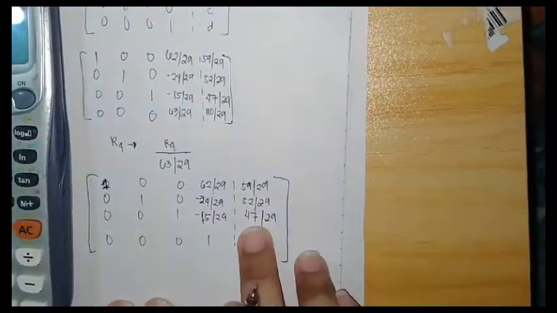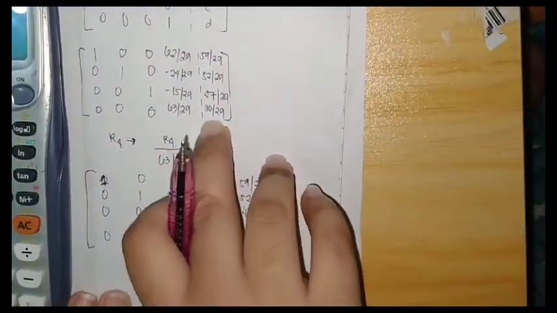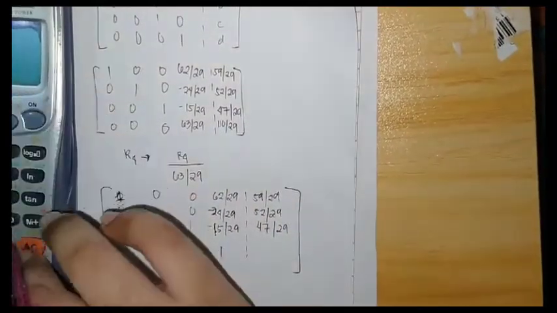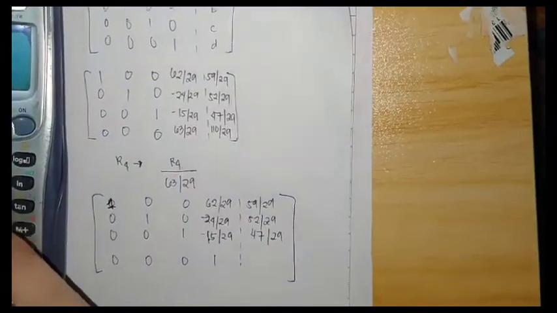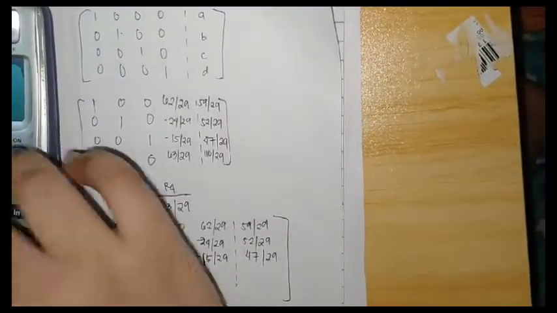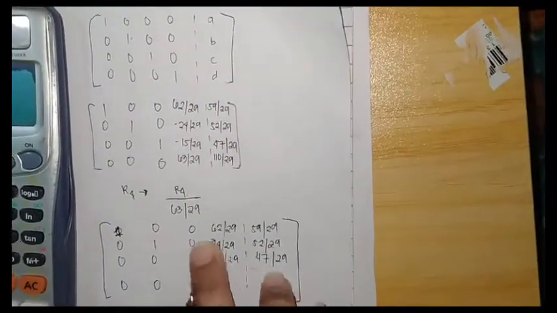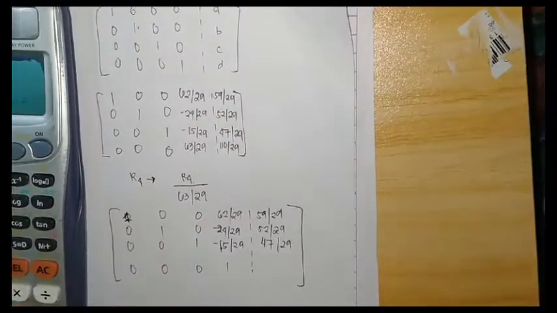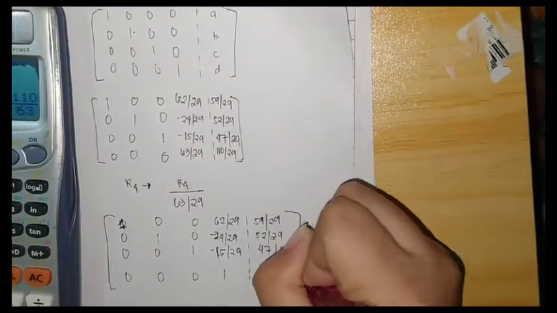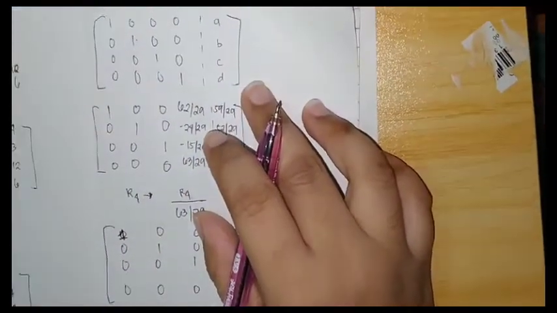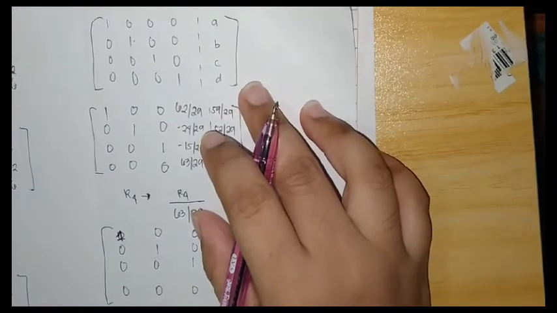And for R4, 110/29 divided by 63/29, we have 110/63. So we have 110/63.